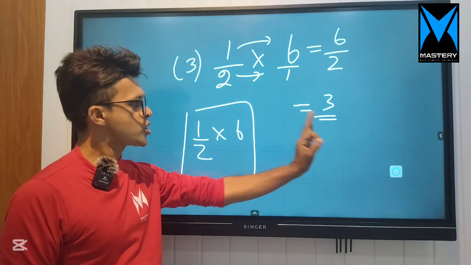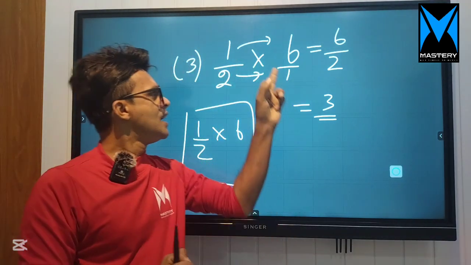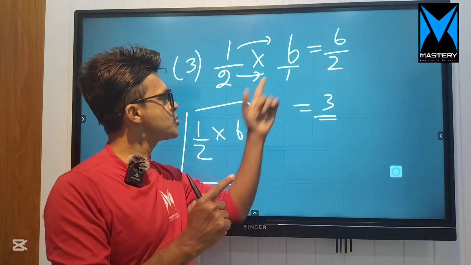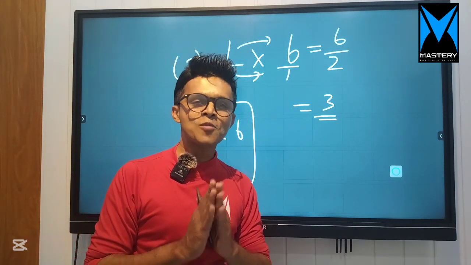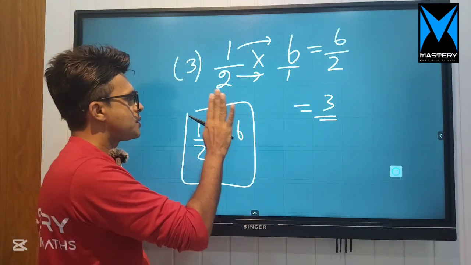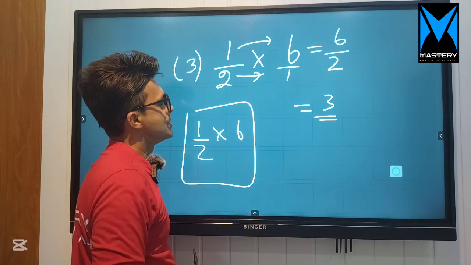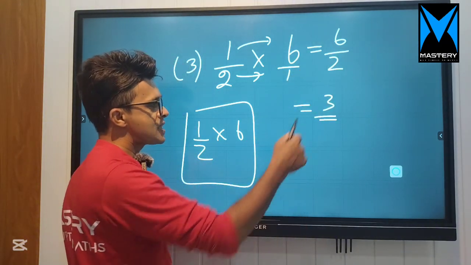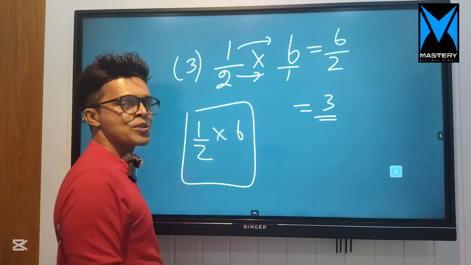Bear in mind, here you need to multiply half by 6. Although the question says to multiply, this means 6 should be divided by 2, which is 3.